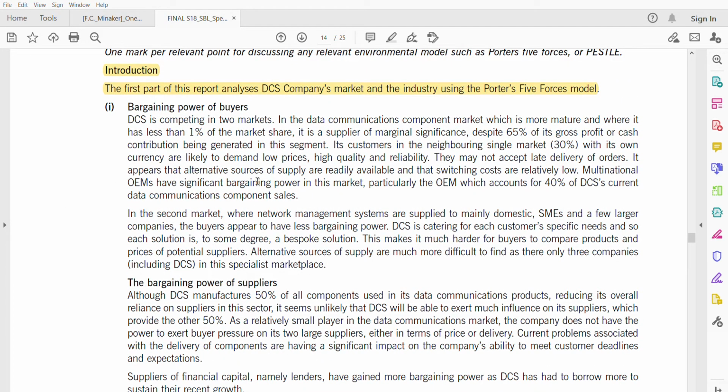And one more thing, just see what they have written here, what they have done here. Bargaining power of buyers. See, let me highlight this. Okay, so the bargaining power.